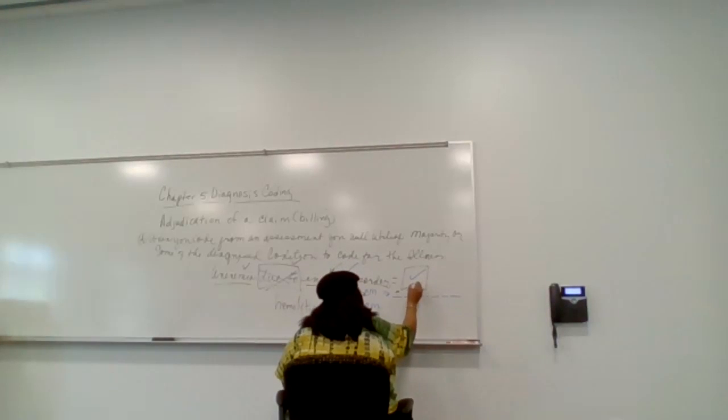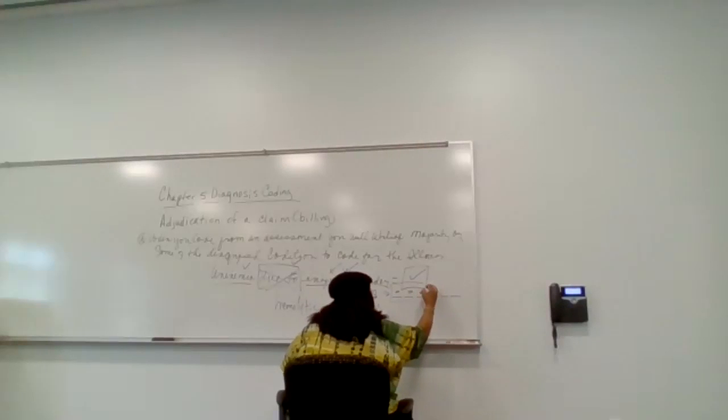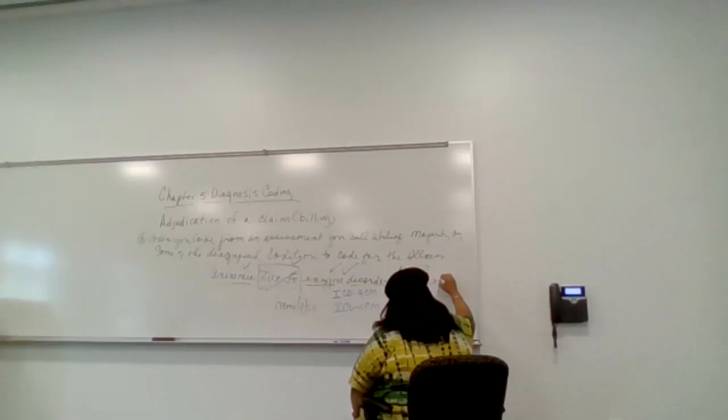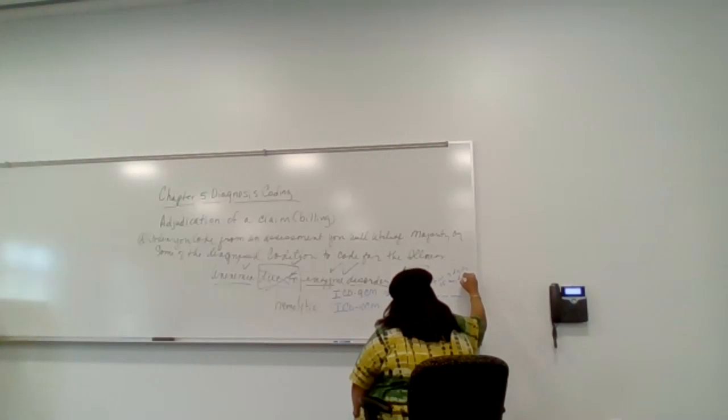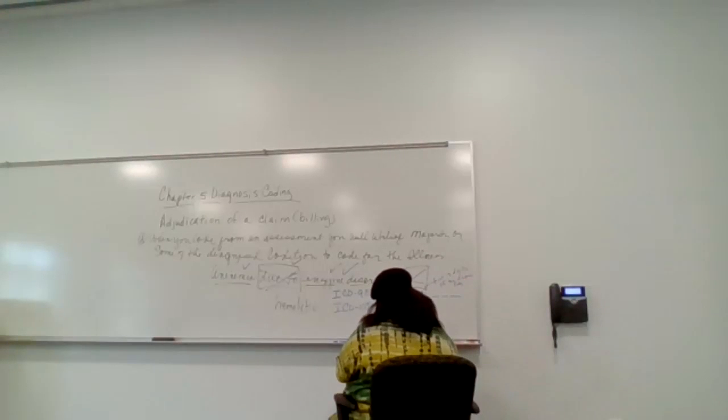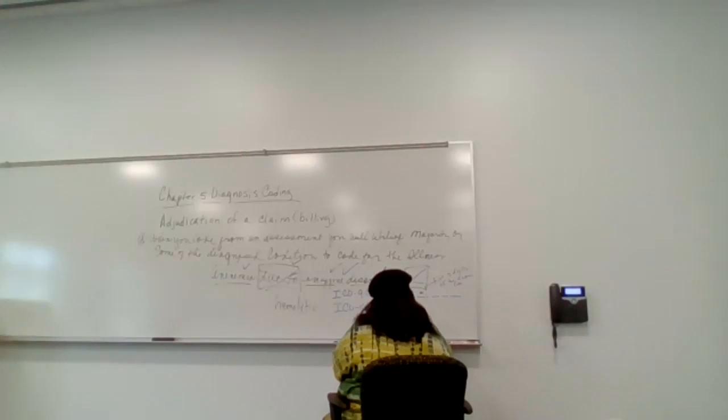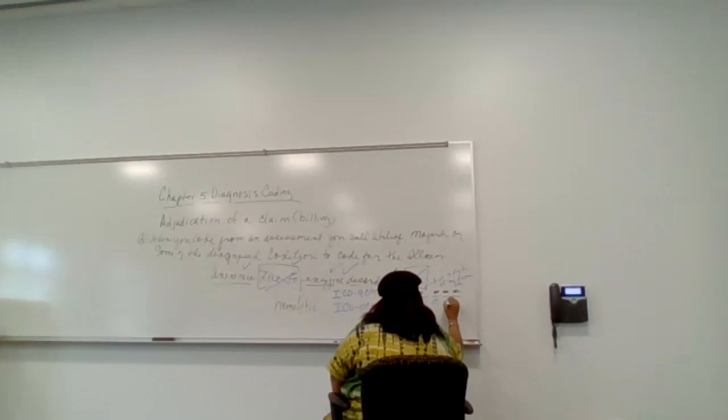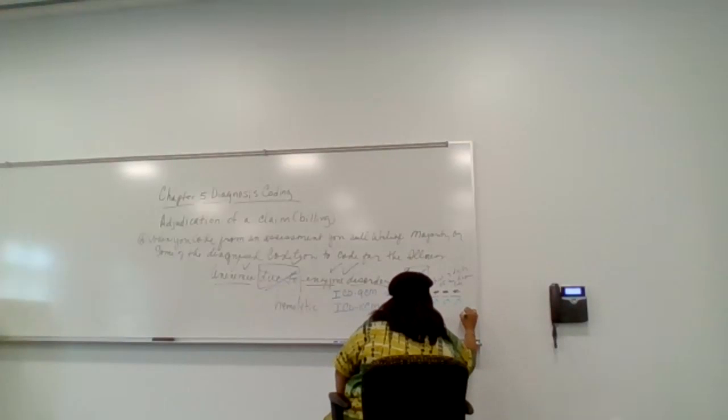What is the first 3 digits of the diagnosis code? This would be it. Now, when you add a fourth number or a fifth number or even a sixth number, this would be your fourth digit, your fifth digit, your sixth digit, if necessary.